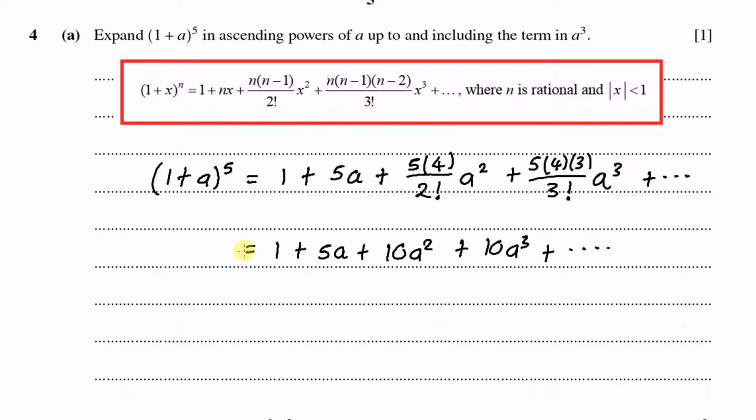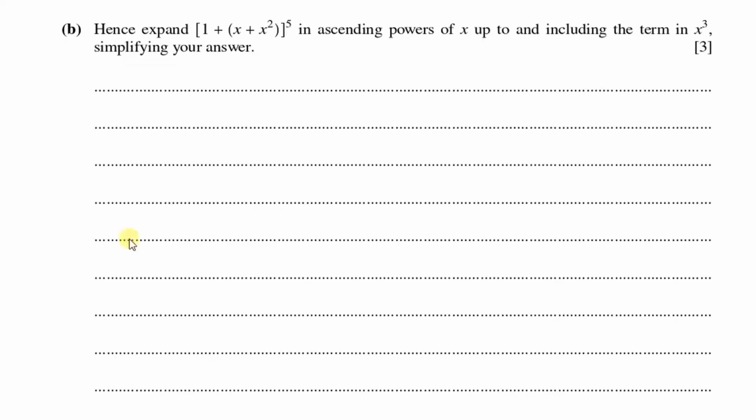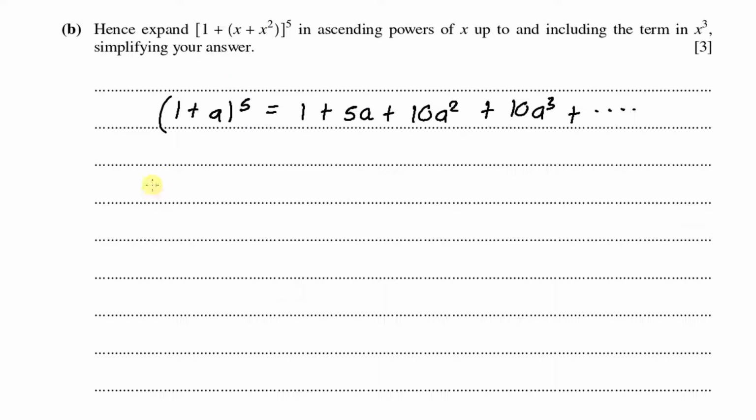On part A, we expanded (1 + a)^5, and it came out to be this. We want to make use of the same expansion, because if you notice, in (1 + x + x squared)^5, a has been replaced by x + x squared, but the binomial expansion is the same.